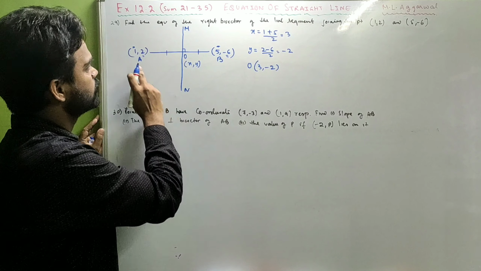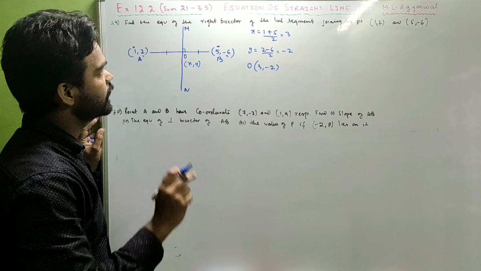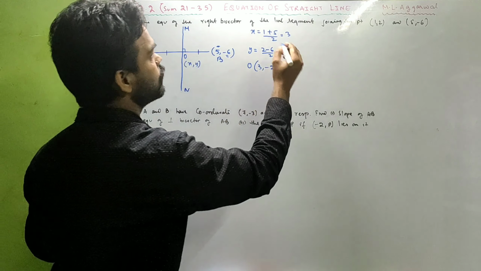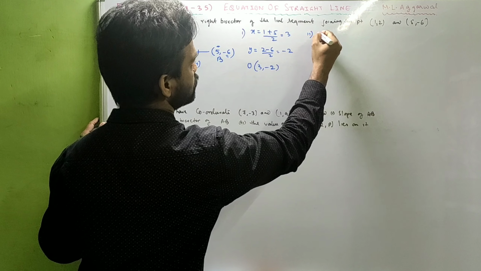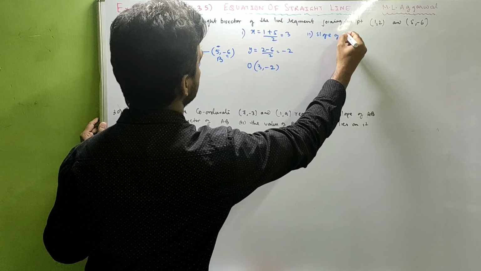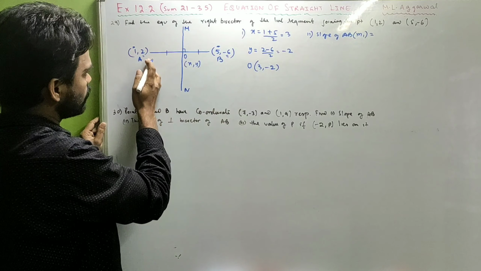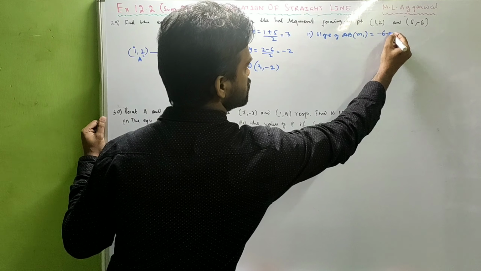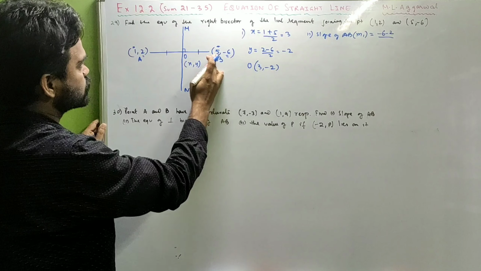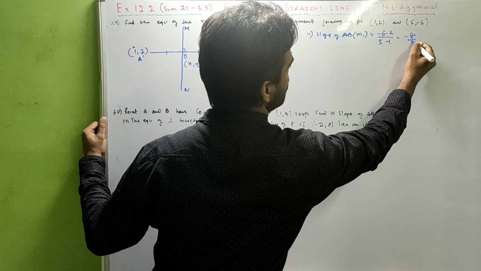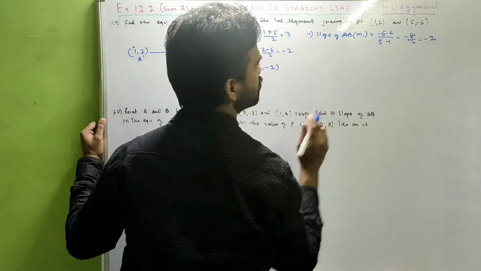Now look carefully. We can find the slope of AB. MN and AB are perpendicular to each other. So slope of AB, suppose that's M1. y2 minus y1, that's minus 6 minus 2, over x2 minus x1, that's 5 minus 1, that's minus 8 by 4, that's minus 2.